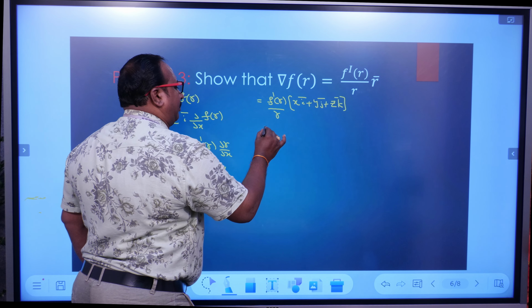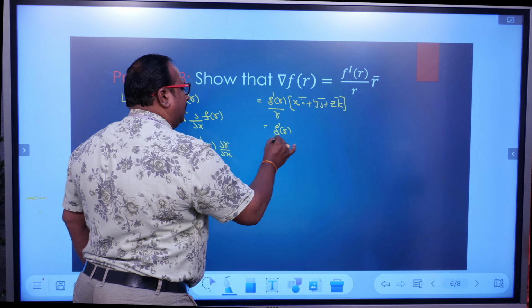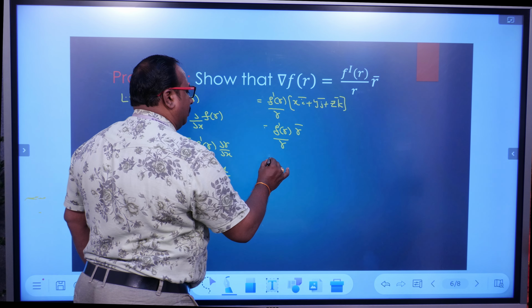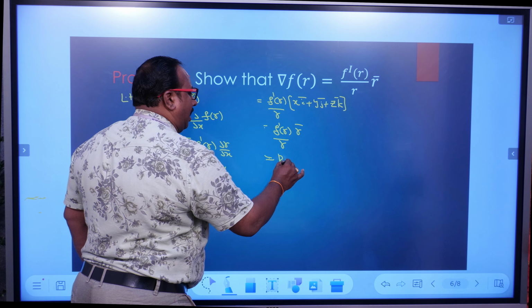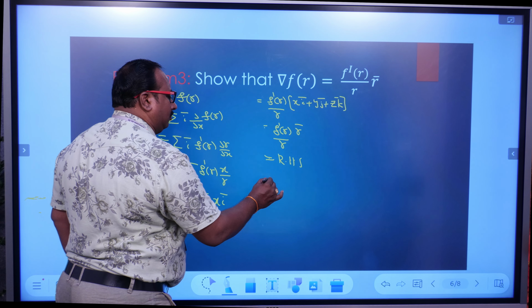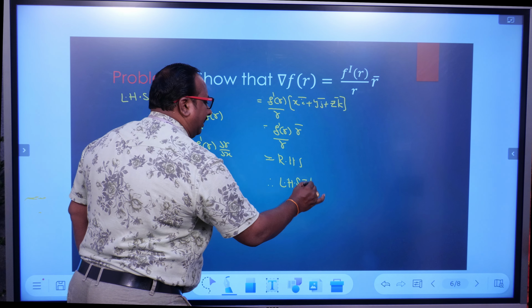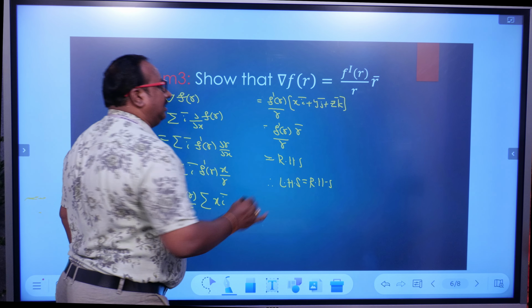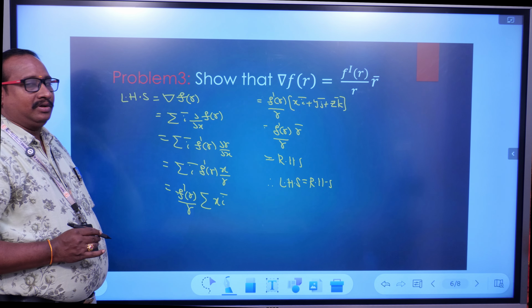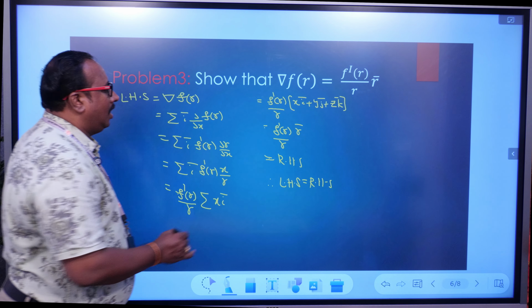We know that x i bar plus y j bar plus z k bar, that is nothing but r bar. So really it is RHS. Okay, now we have proved that LHS equal to RHS, that is ∇f(r) equal to f'(r) by r into r bar.